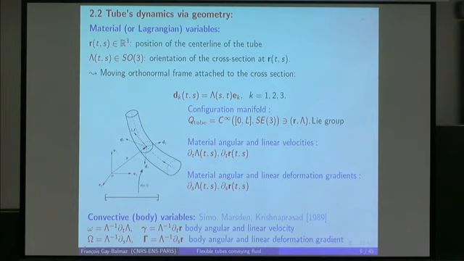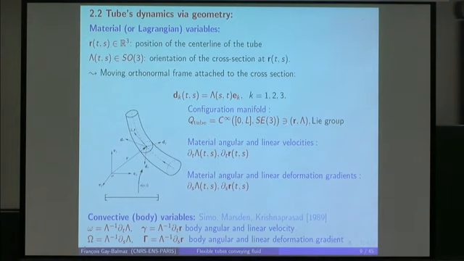This is the curve R of t, s that describes this curve here. And at each point, you have an orthonormal frame. This is this lambda in SO(3), it's a rotation matrix. So these are the configuration variables, R and lambda. They form the configuration manifold, and it's already good news.